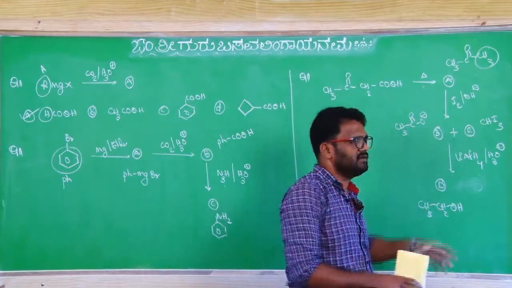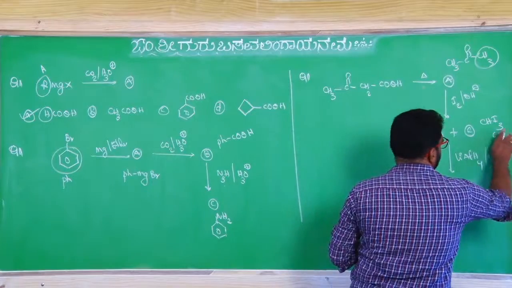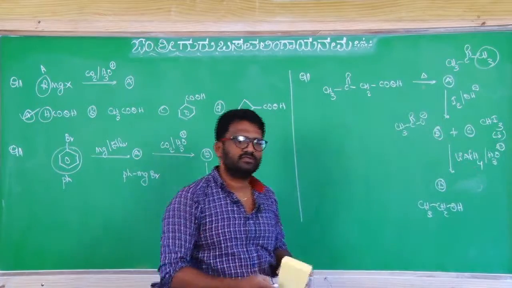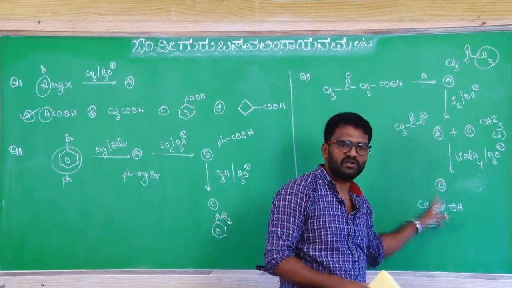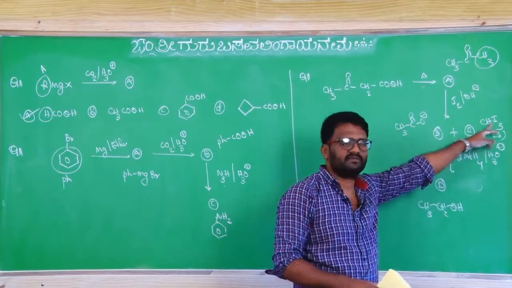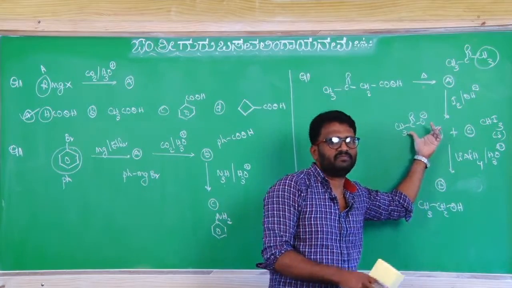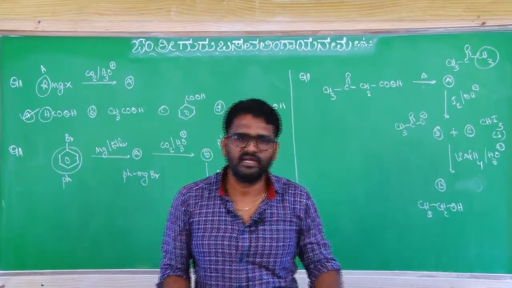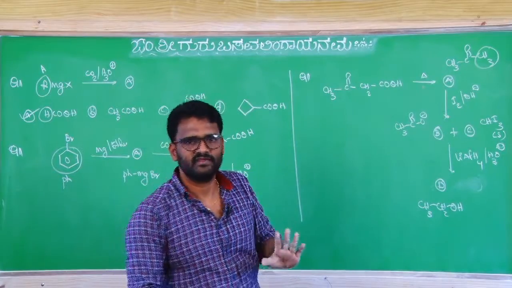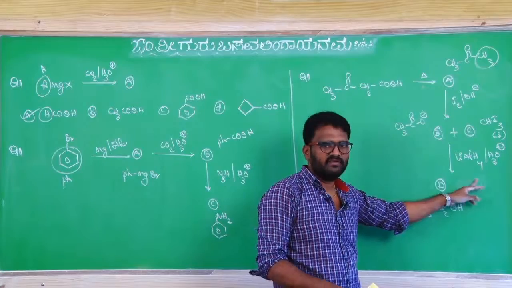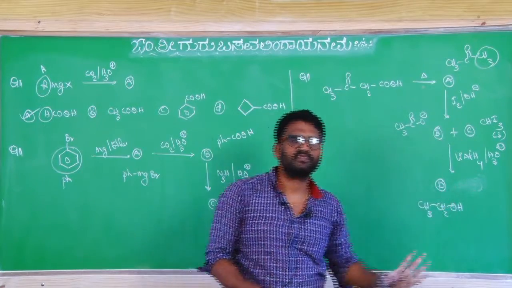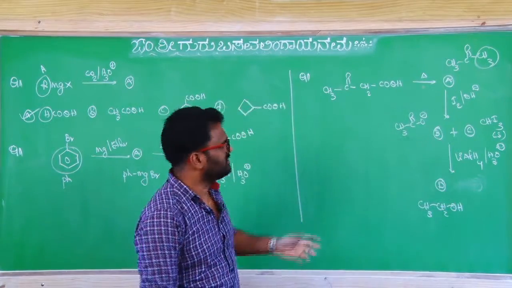Iodoform is a solid, so you can separate it. When you treat this mixture with lithium aluminum hydride, only acetic acid is converted into ethanol, but not iodoform. This solid you can separate from the liquid. You have to say no reaction. Either D is ethanol and F is nothing, or F is ethanol and D is nothing. So this is one conversion.